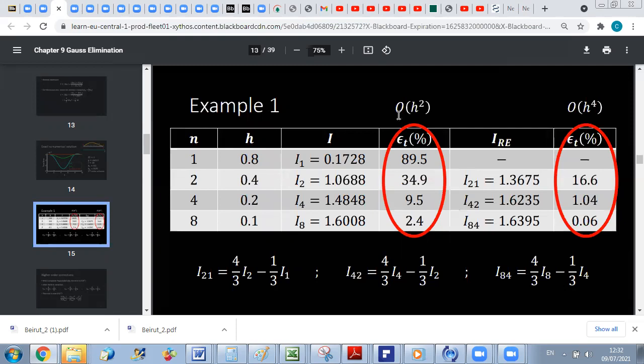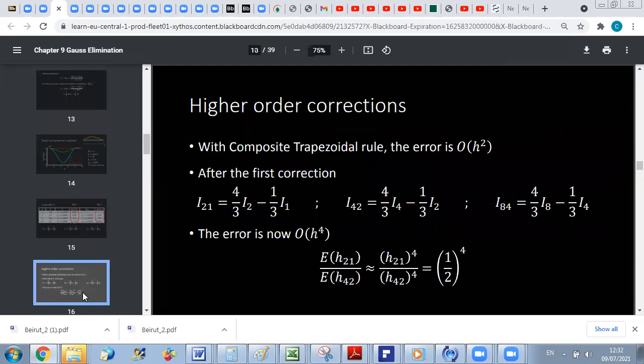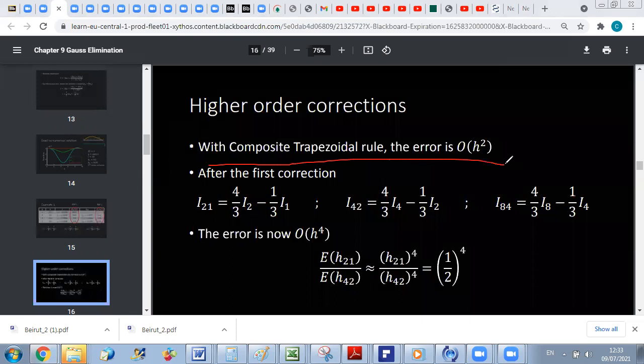Yes doctor, I got you. Now, what about higher order correction? You can repeat this procedure several times. First we started with the composite trapezoidal rule of order h squared. We applied Richardson extrapolation and got new estimates. So this is the first correction.